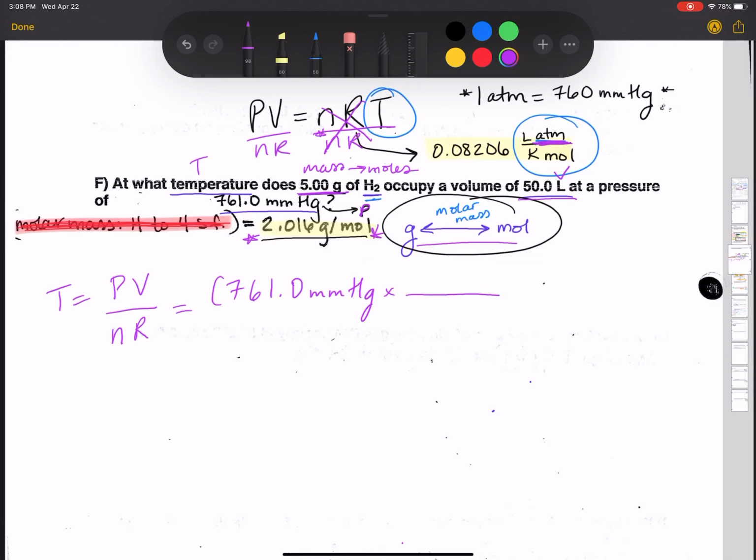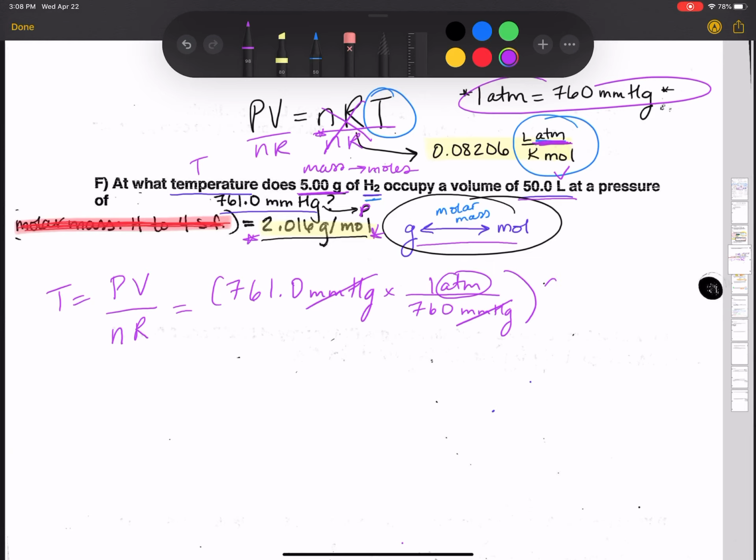I have millimeters of mercury; I want those to cancel and be left with atm. So I'm going to put down 760 millimeters of mercury in my denominator and 1 atm in my numerator, and that way millimeters of mercury will cancel out and I'm left with just atm.